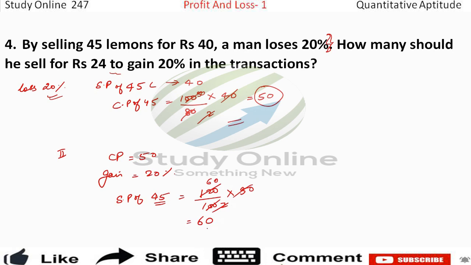So by using 60 rupees, you can buy 45 lemons. So by using 24 rupees, how many lemons can he buy?